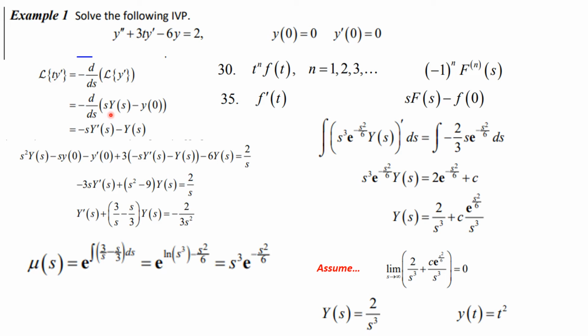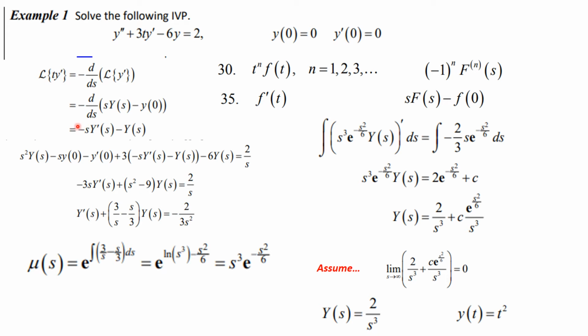If we substitute that in, this is the negative derivative with respect to s of s times Y of s, minus y at 0. But y at 0 is 0, so this is really just negative the derivative with respect to s of s times the Laplace transform of y.